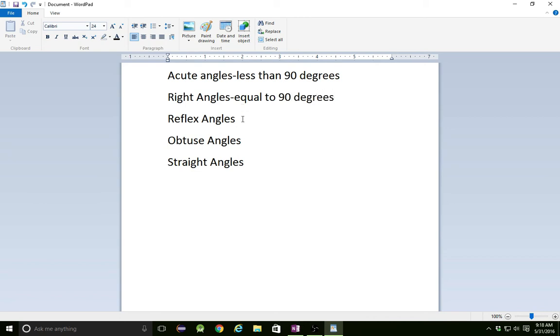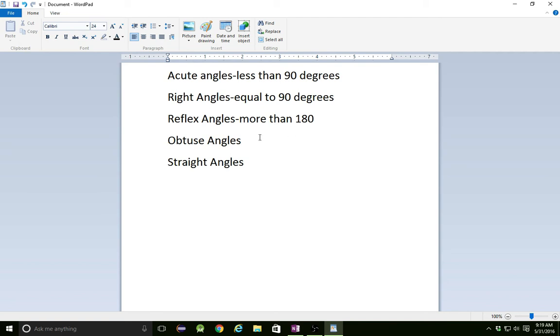Reflex angles are essentially more than 180 degrees, and as you'll see later on, this could be the exact opposite of an interior acute angle, and I'll explain that later.